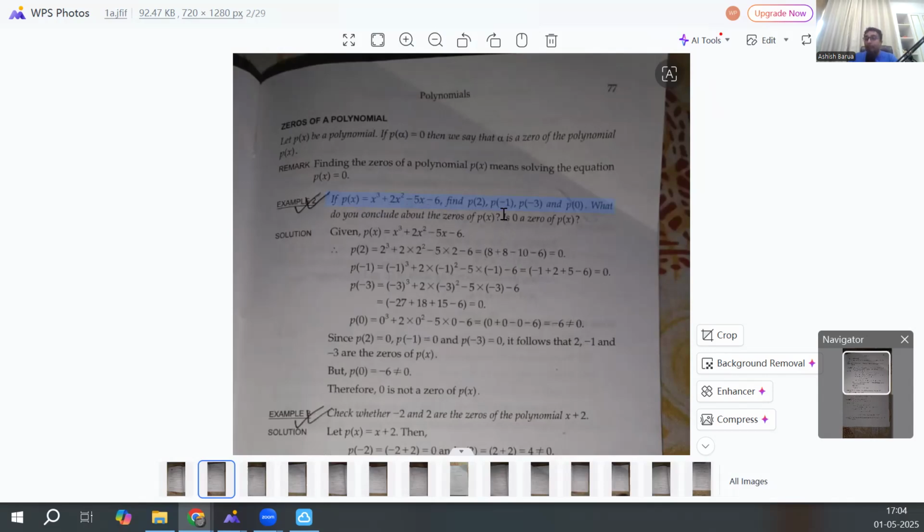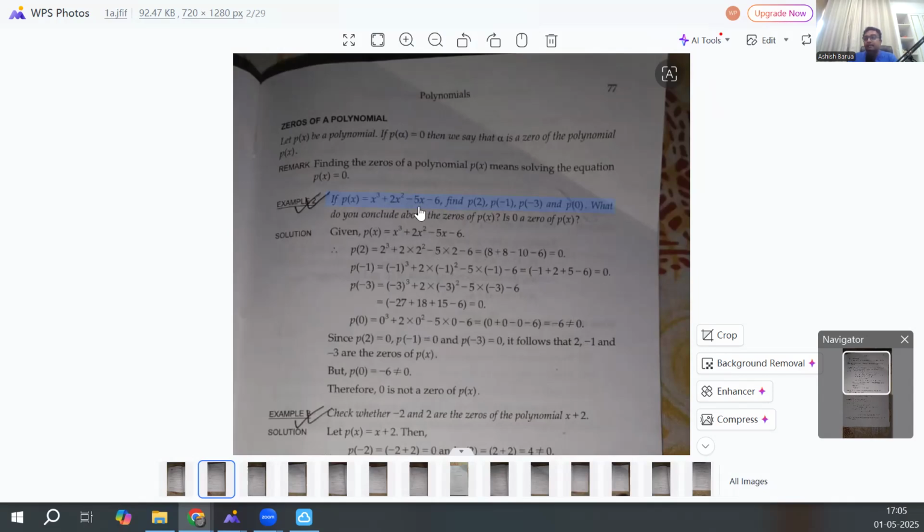Next is p(-1). Here, wherever we get x, we will put minus 1. So (-1) cubed means minus 1. Then 2 into (-1) squared. (-1) squared is plus 1. So 2 into plus 1 becomes plus 2.